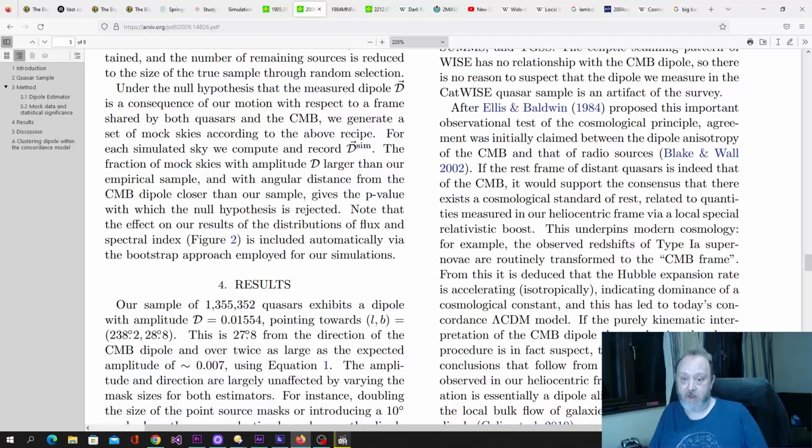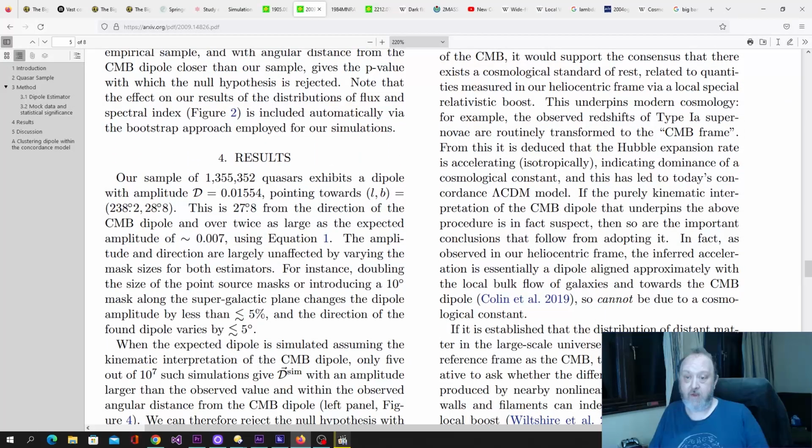So, if the rest frame of distant quasars is indeed that of the CMB, it would support the consensus that there exists a cosmological standard of rest related to quantities measured in our heliocentric frame via a local special relativistic boost. This underpins modern cosmology. For example, the observed redshifts of type 1a supernovae are routinely transformed to the CMB frame.